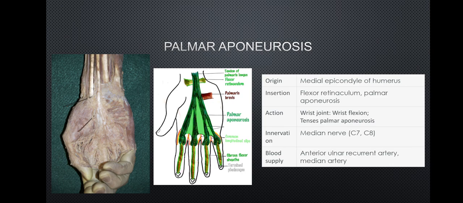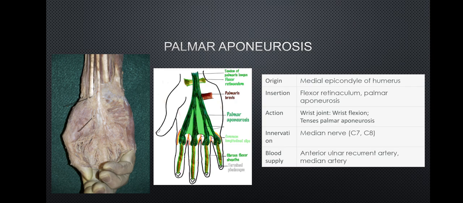In this way, a blind osteofascial tunnel is formed, which contains the long flexor tendons enclosed in the digital synovial sheath. The fibrous sheath is thick opposite the phalanges, as you could see in the image, and thin opposite the joints to permit the flexion of the fingers.